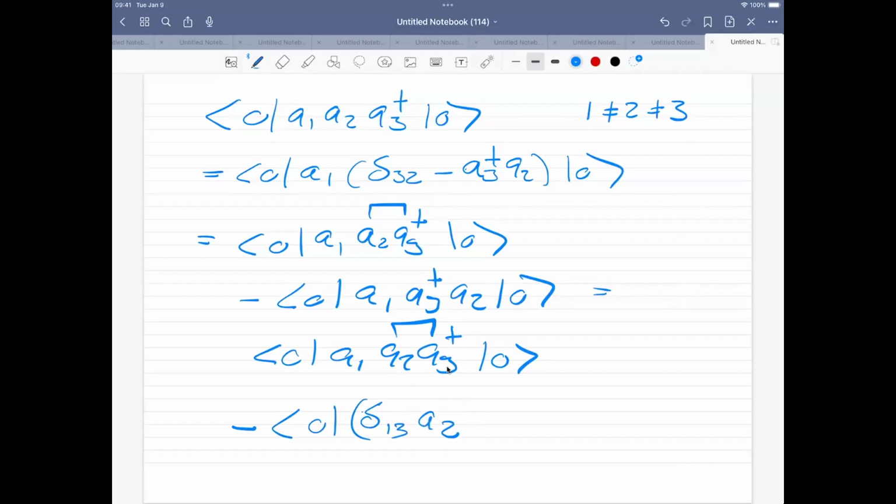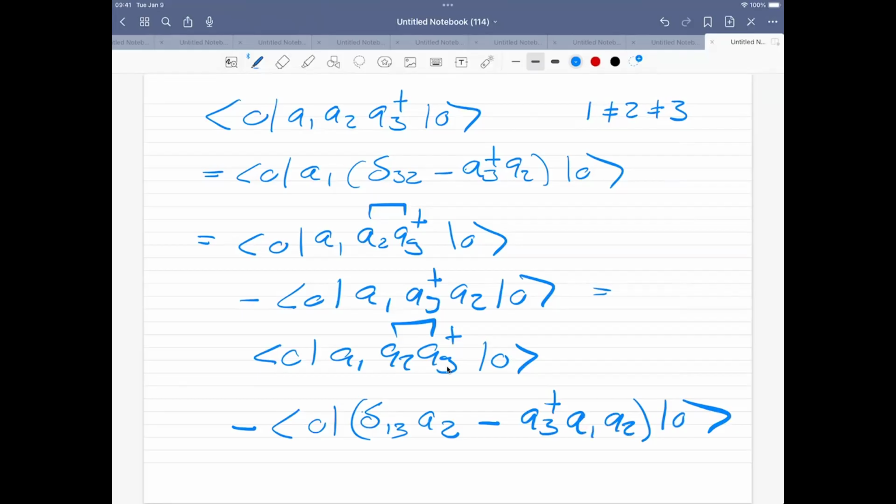And then I have a minus, and from the anti-commutation rules, I will have an A3 plus an A1 A2 acting on the vacuum state. Okay. Does that sound reasonable when I do that?